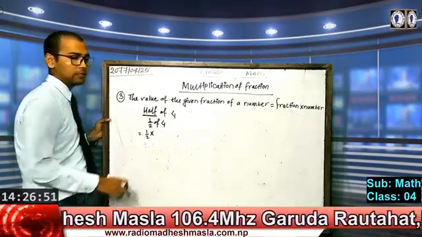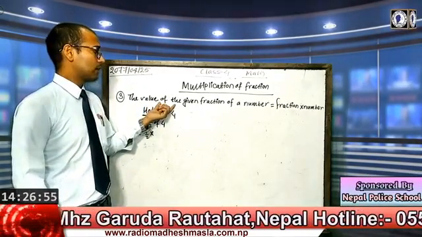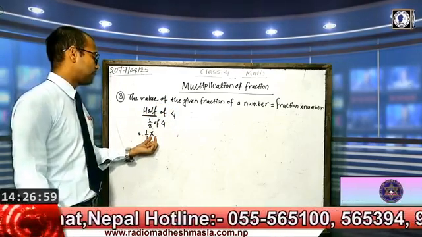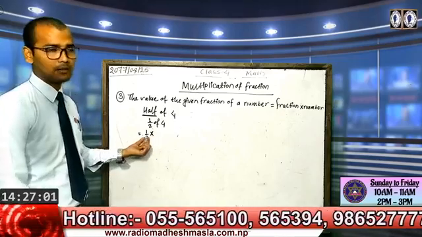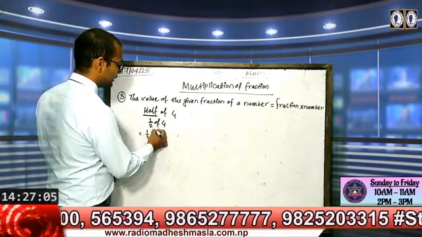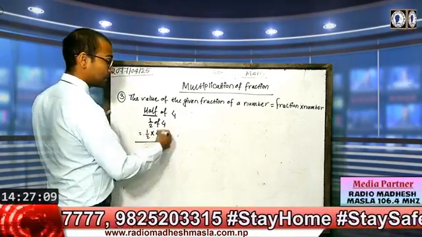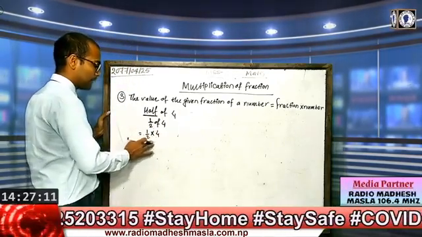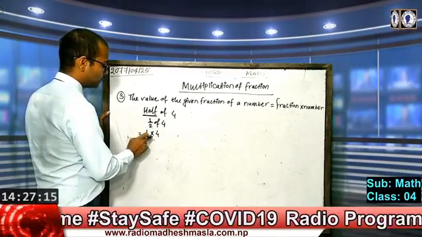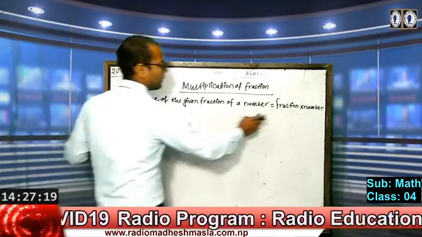In operations, "of" means multiplication, so we use the multiplication sign in place of "of". So 1/2 of 4 means 1/2 into 4, that is fraction into number.